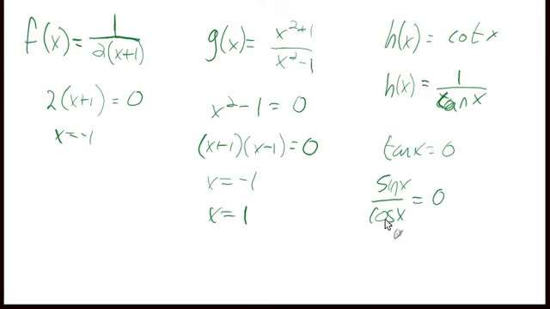So wherever the sine of x over the cosine of x is equal to 0, we have a problem. So wherever the sine of x is equal to 0, we have a problem. And that happens at 0 radians and pi radians and 2 pi radians and 3 pi radians, right? We could generalize this and say it happens at every multiple of pi radians. At n pi, this thing happens, and so that's where we have vertical asymptotes.